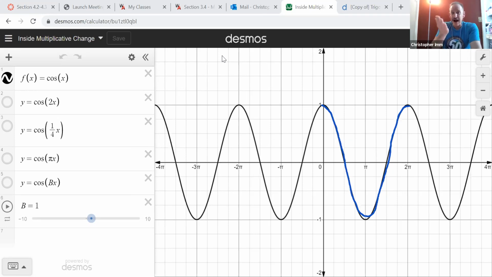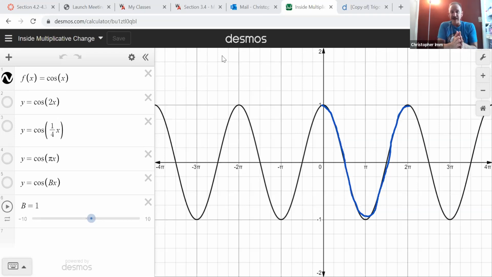If I plugged in pi over 4 for the second one and multiply by 2, I'd already be at 90 degrees. So when I plug in pi over 4, I'm already down at 0. So what that means is I have to plug in half as much to get as far as I would from the original graph. So that's why it's actually compressing it.